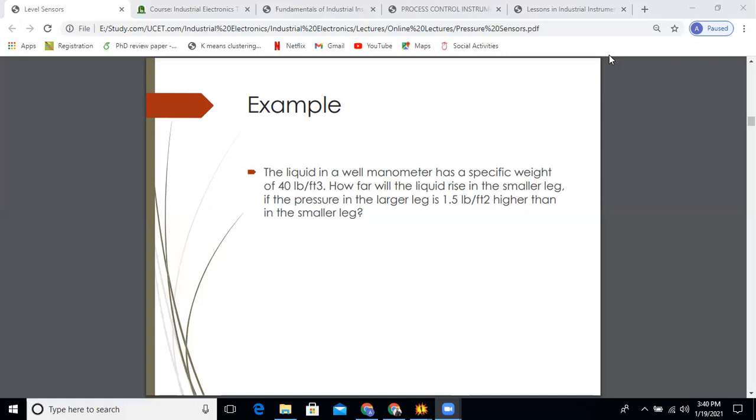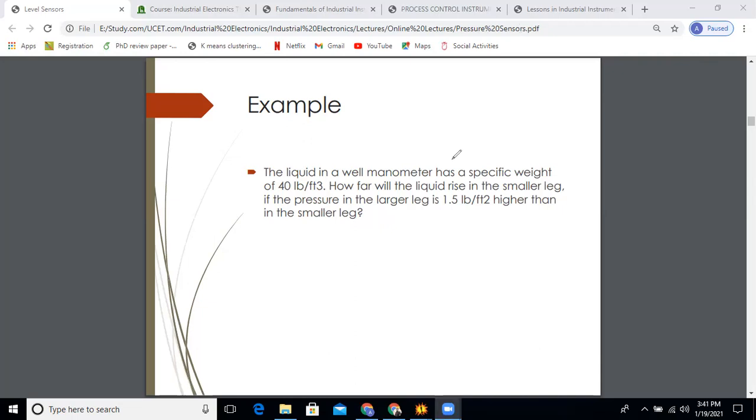The pressure is given as 1.5 pounds per feet square, and we know the formula P is equal to H times gamma, and from that formula we can find the value of the height. H will be equal to P over gamma, and the value of gamma is given as a specific weight of 40 pounds per feet cube, and the pressure is 1.5 pounds per feet square. So we can find the height from this formula.